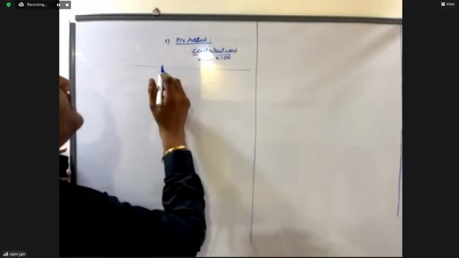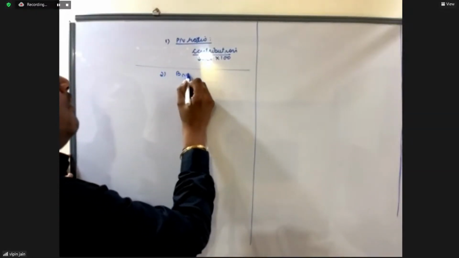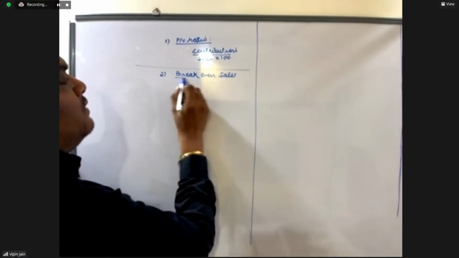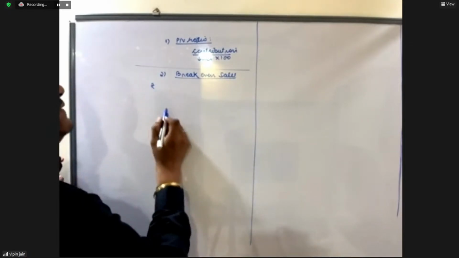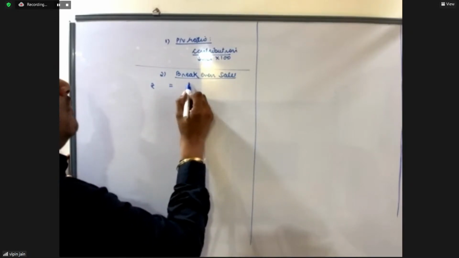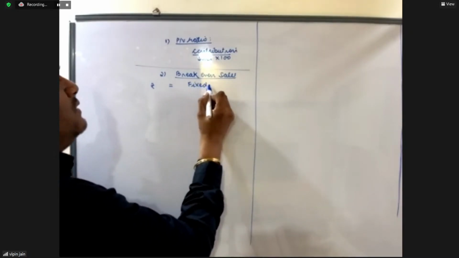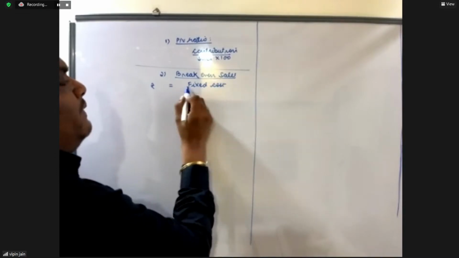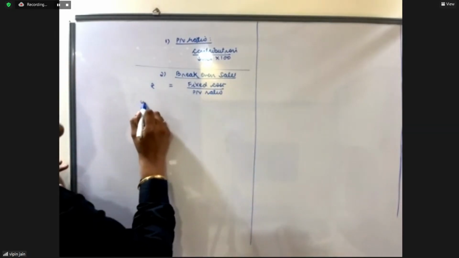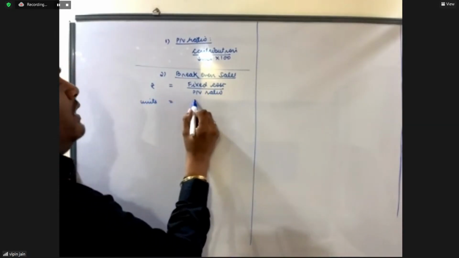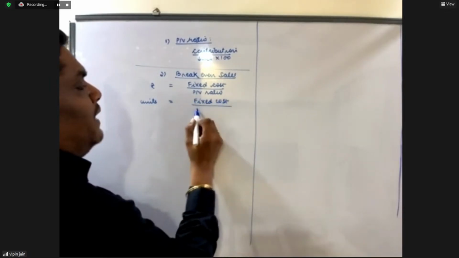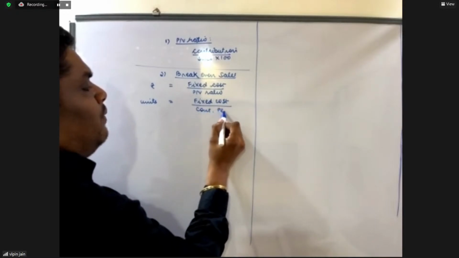The second point was break-even sales. If you want to calculate it in rupees, it is fixed cost divided by PV ratio. And if you want to calculate it in units, it is fixed cost divided by contribution per unit.